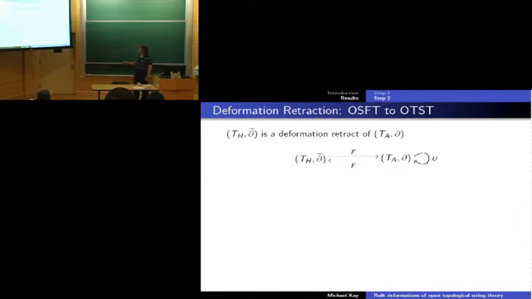So what is a deformation retract? Well, it consists of the following data. You have an inclusion map, which in this case is the minimal model morphism F. And then you still have to find a projection map, which will be a homotopy inverse to F, and the homotopy U acting off-shell.